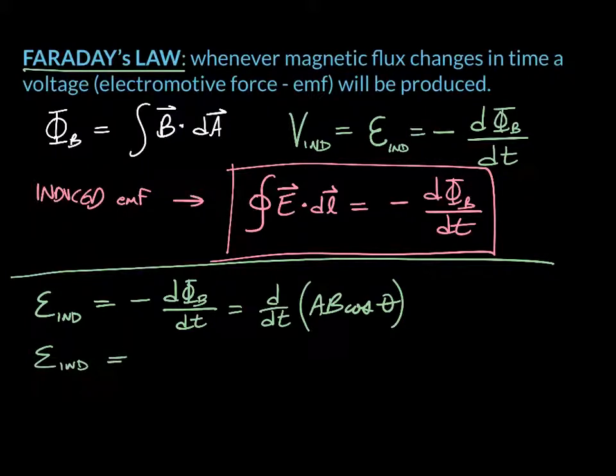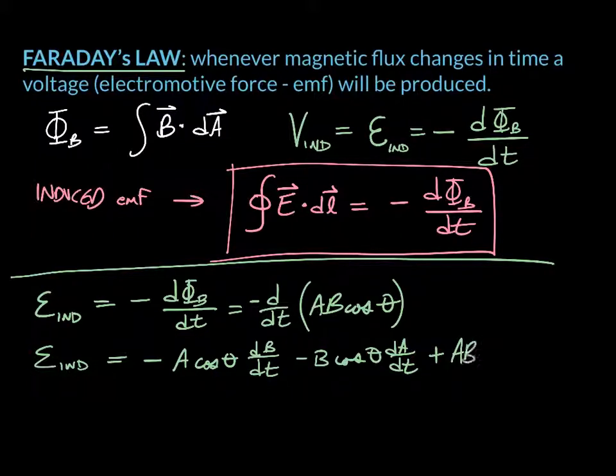So what we're going to get out of this is if I take this derivative, by the way it's negative, I forgot to put that negative there, I'm going to have A cosine theta dB dt minus B cosine theta dA dt plus, because of the derivative of cosine being a minus, AB sine theta d theta dt.